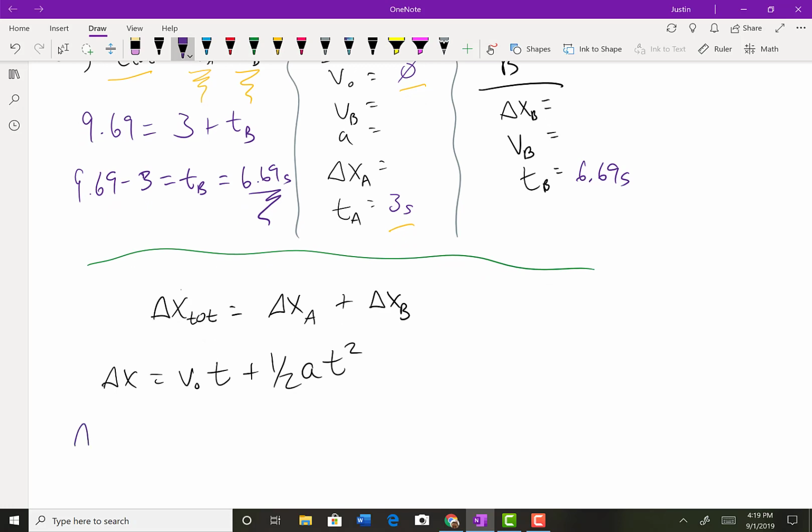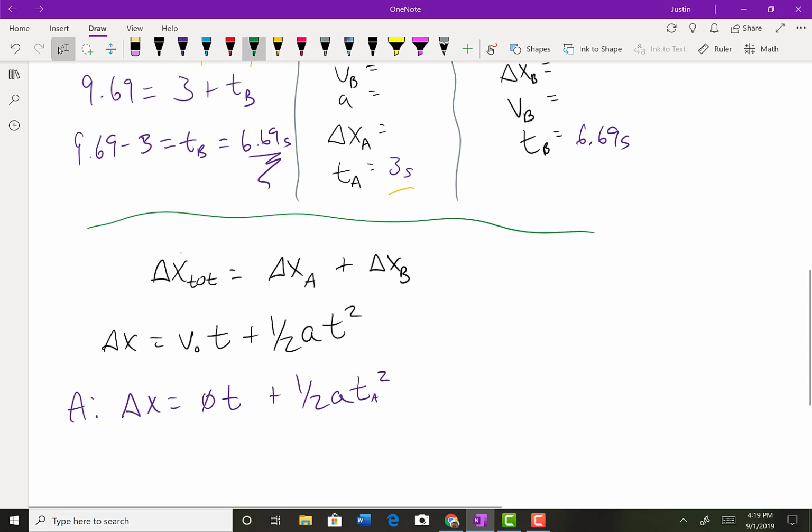Let's write that in for part A. For part A, the displacement is equal to his initial velocity, which is 0, multiplied by the time plus 1/2 times the acceleration, which is one of the things I'm looking for, times t squared. But which t? Is it TA, TB, total time? Well, it's actually TA, because we're talking about situation A, so this is going to be TA squared.